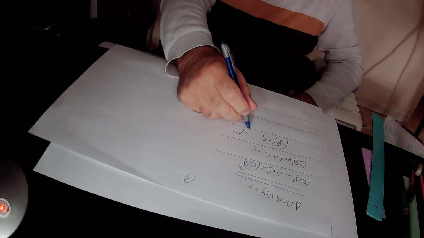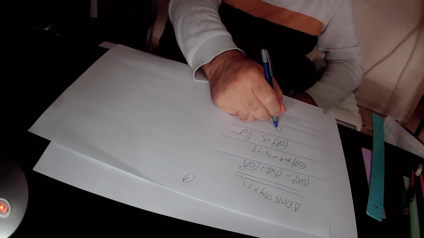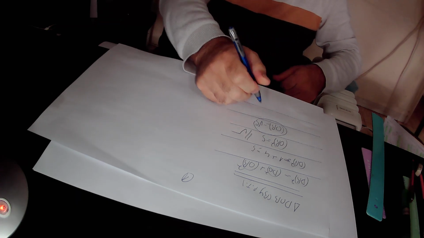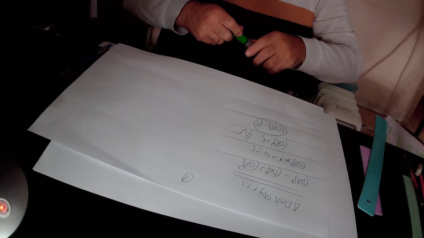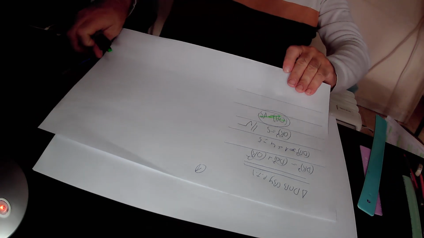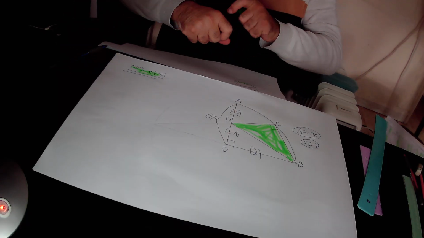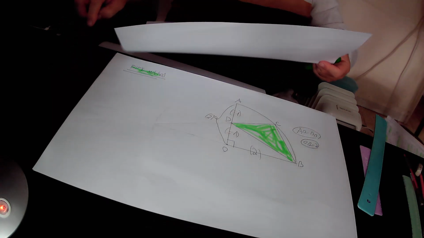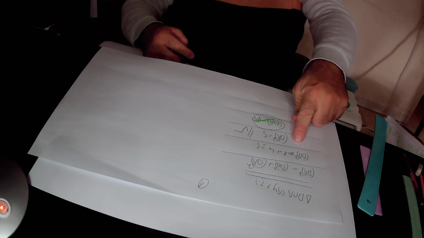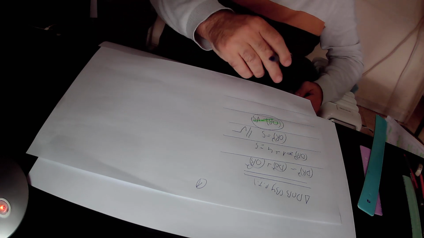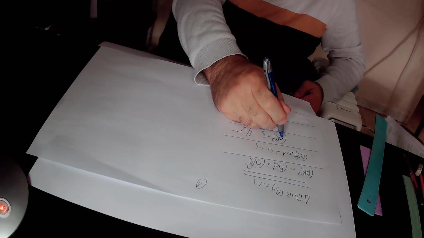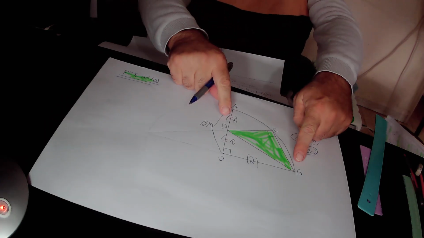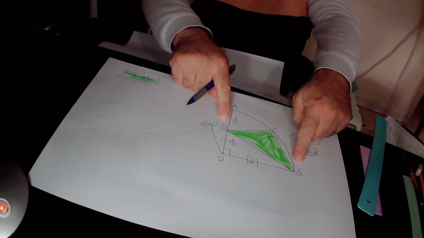Here we take the root of this equation and find that the length of the hypotenuse DB is equal to the square root of 5 units. This is the hypotenuse DB, and it equals the square root of 5 units in length.